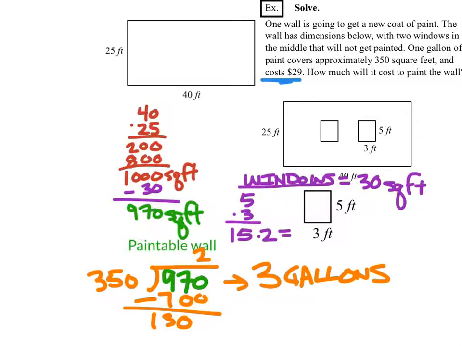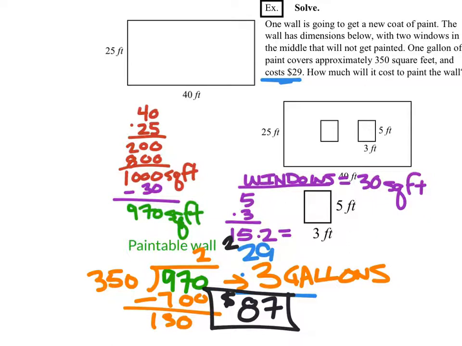So I'm going to multiply that by 29, and this will tell me how much the final cost would be, which is the final question there. 3 times 9 is 27, carry the 2, 3 times 2 is 6, plus 2 is 8. So $87 is how much it would cost to paint the wall.